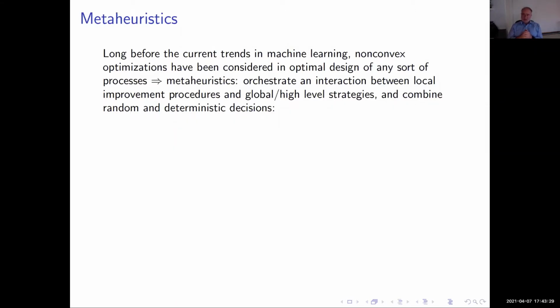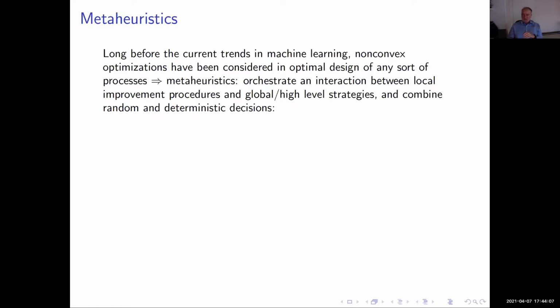Meta-heuristics are used in practice very much more than the typically studied methods in the academic environment. They are basically designed to orchestrate interactions between local improvements and global understanding of the optimization landscape, and combine typically deterministic and random decisions. So they are very sophisticated methods that inject local and global information, random and deterministic mechanisms.